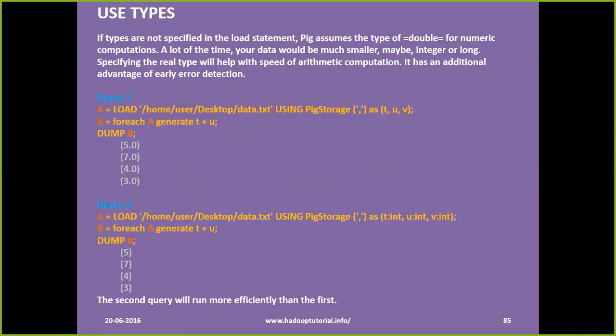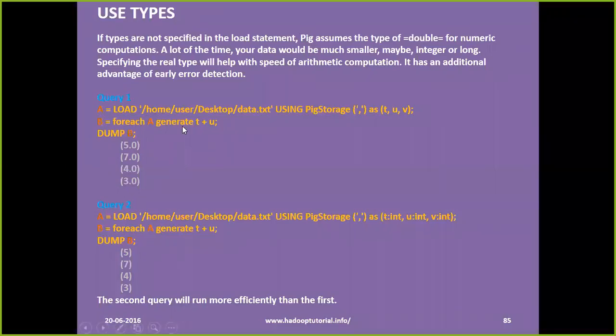The second best practice is to use the data types. While loading your file, let's say I have a data.txt file, and I use PigStorage comma as T, U, V. I specified only the column names. But if I don't specify the data type, by default they will be byte arrays.